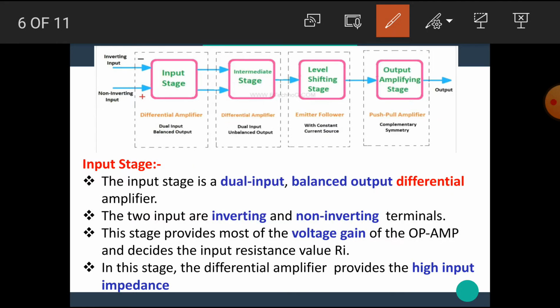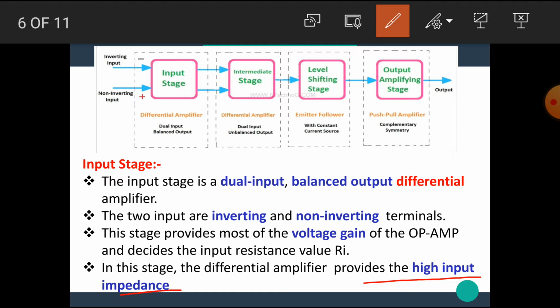These two inputs are the inverting and non-inverting terminals. This stage provides most of the voltage gain of the op-amp and decides the input resistance value Ri. This input resistance value is also known as the input impedance. In this stage, the differential amplifier provides high input impedance.